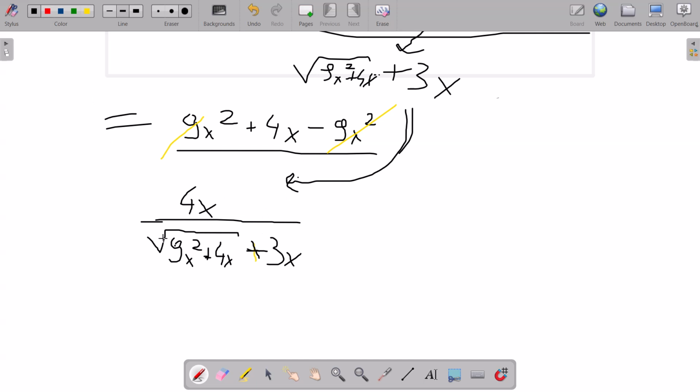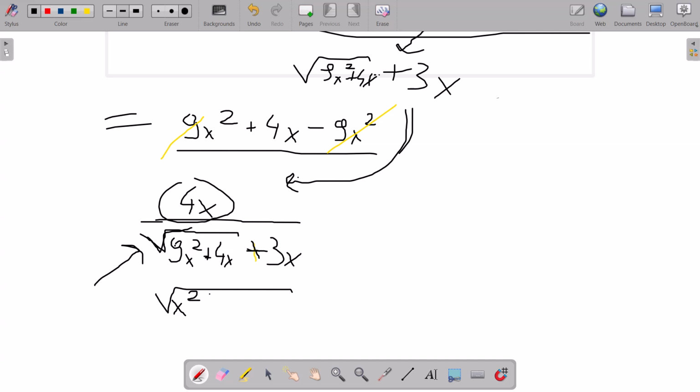So how to get rid of this square root here? For a moment, forget about 4x. Now let's think how to factor out this expression so that we eliminate the square root. So first, under the square root, we factor out x squared.